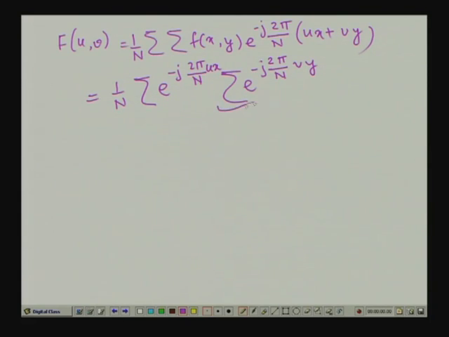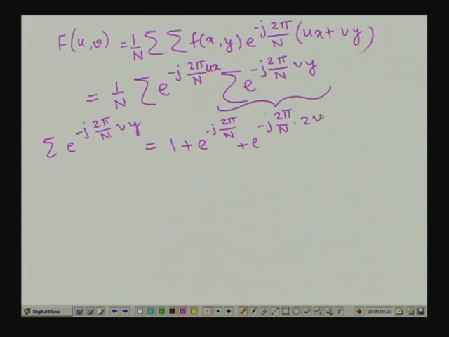Now, let us take one of these terms. If I expand this, so summation e to the power minus j 2 pi by capital N v y, this will be simply 1 plus e to the power minus j 2 pi by capital N plus e to the power minus j 2 pi by capital N into 2v, plus it continues like this, and there will be total capital N number of terms.